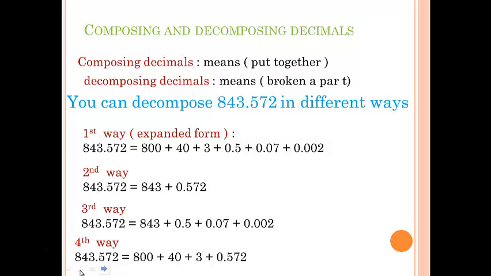I write again the decimal part, 0.572, and break each digit in the whole part with its value, 840 plus 3 plus 0.572. So when you are asked to decompose a number, choose any way you want and decompose the number.